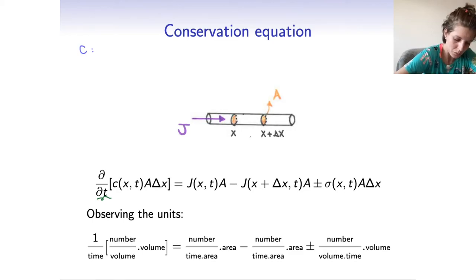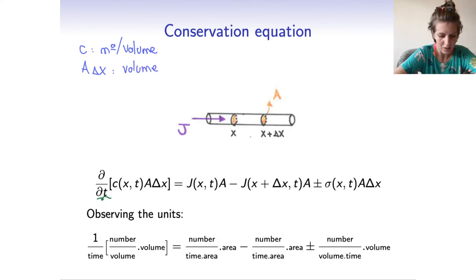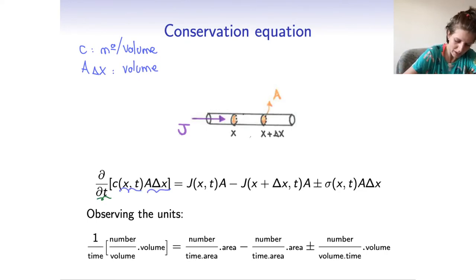So C has the unity of number per volume, and A is area, okay? So A delta X is volume. If we multiply this by this, we will have number per time.